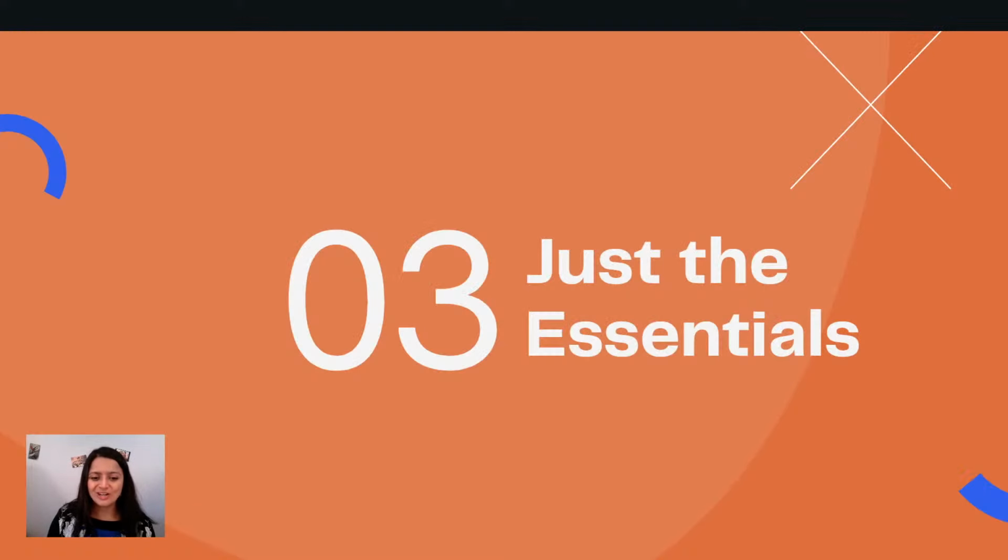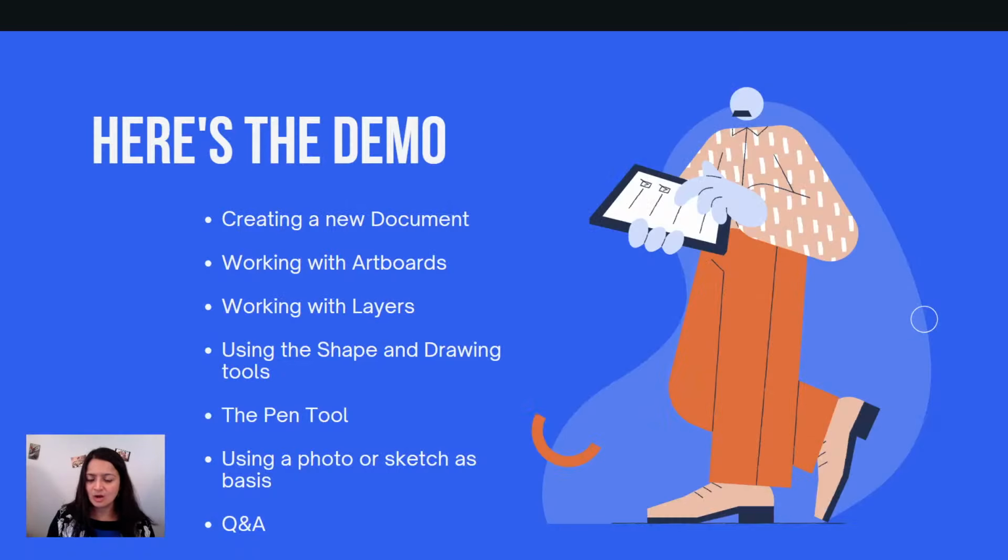So we're just going to cover the essentials today. In the description, there's a bit.ly link, and you can download the files that I'm going to be using to demonstrate how to use the different Illustrator tools for After Effects. So here's what we're going to cover in the demo.